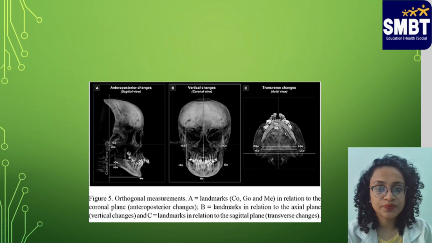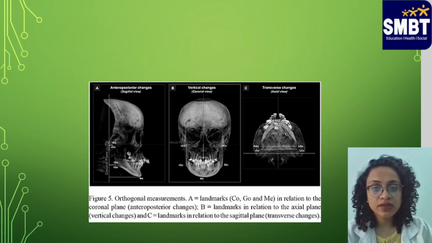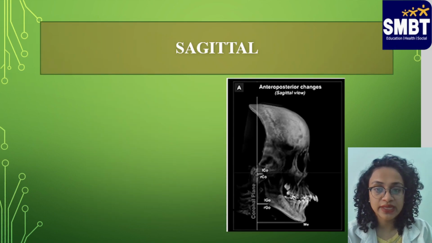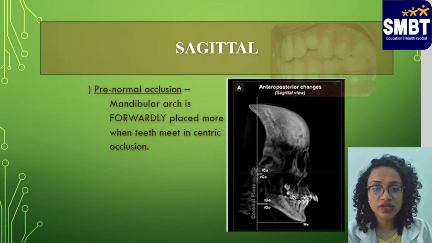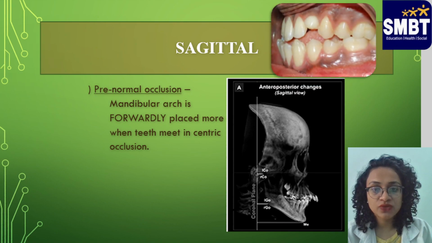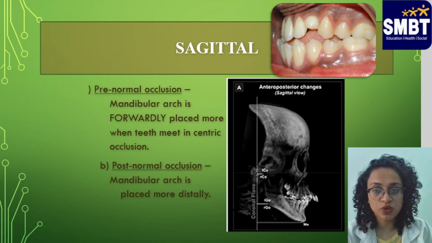It's a malocclusion. Now, coming to the inter-arch malocclusions, we are going to see them in the anterior-posterior, vertical and transverse planes. When we come to the sagittal plane, it is of two types: pre-normal and post-normal. Pre-normal occlusion is when the mandibular arch is placed more forward when the teeth meet in centric relation.